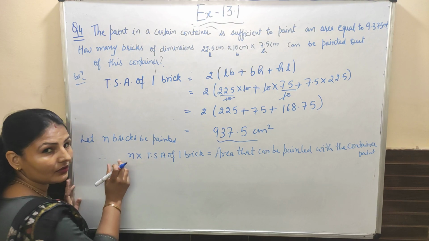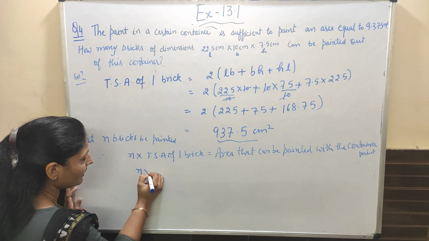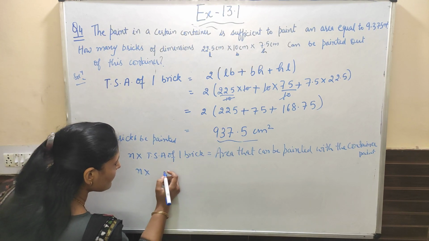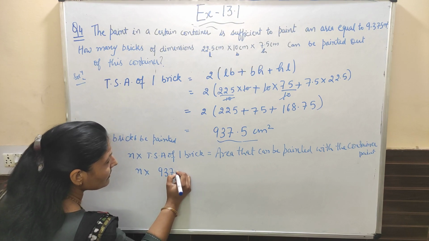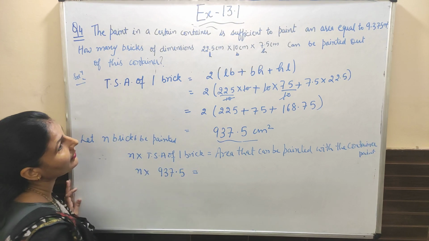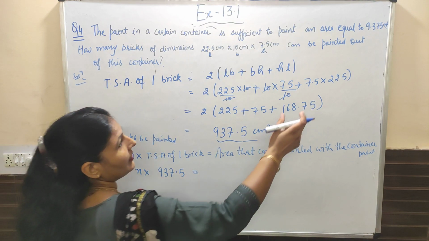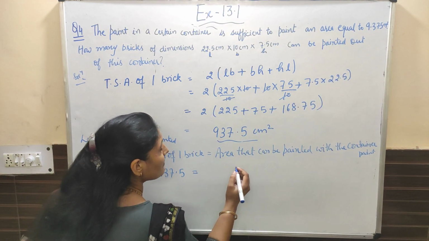From here we can find the value of n. n into the total surface area of one brick, which is 937.5, equals the area that can be painted out.